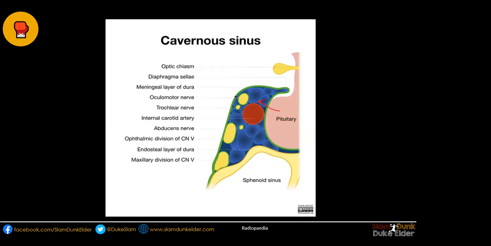You can see that the oculomotor nerve is quite closely related to the trochlear nerve, so sometimes if you've got a problem here, you also have a problem here. And if you've got an aneurysm here, you can also have problems with the abducens nerve. So it's quite rare to get an isolated third nerve palsy just because of how closely everything is related.